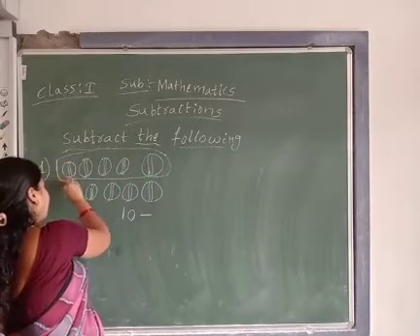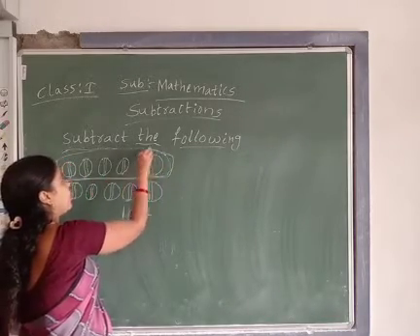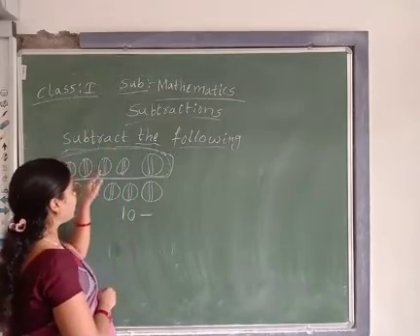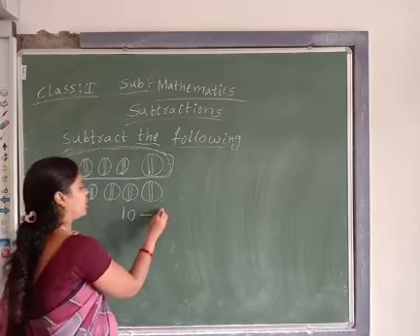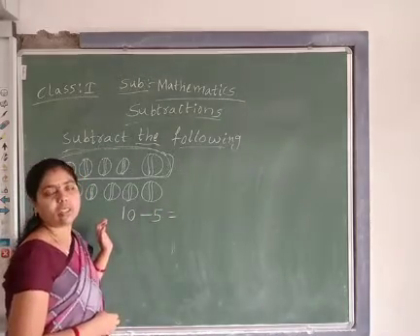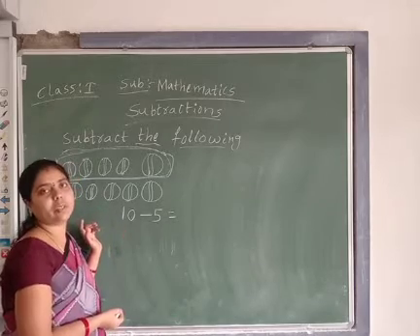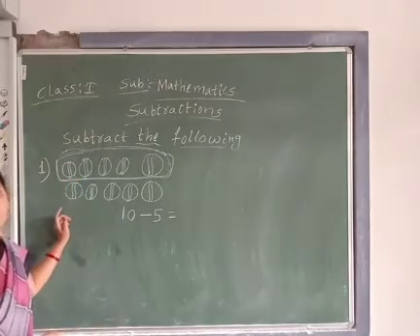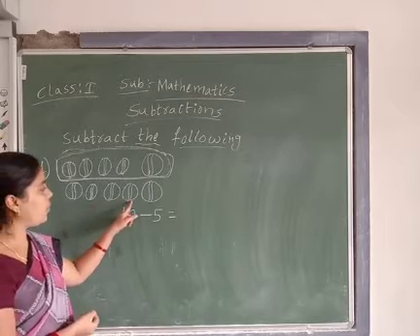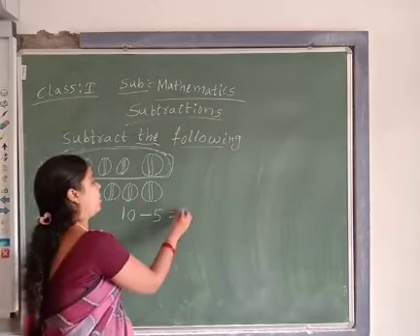I am giving this box, this many only he took. 10 minus 5. So how many balls are remaining with me? 1, 2, 3, 4, 5. Only 5 balls.